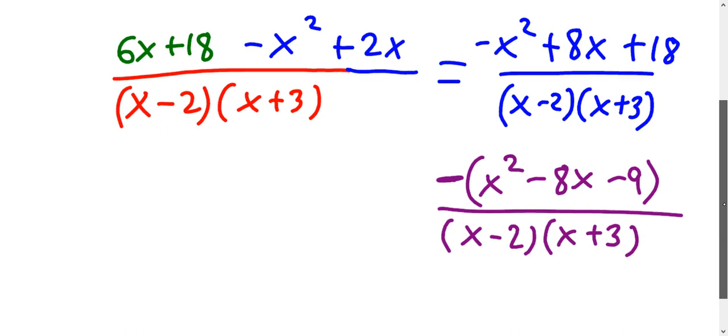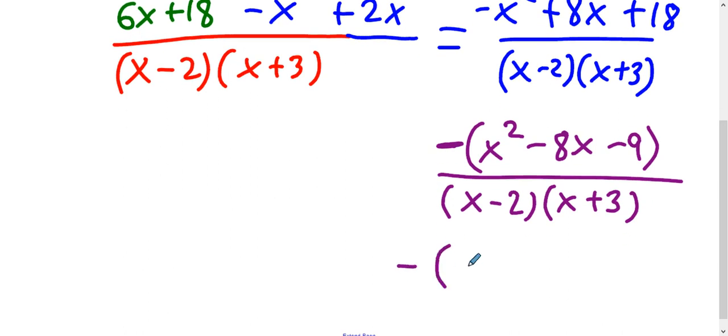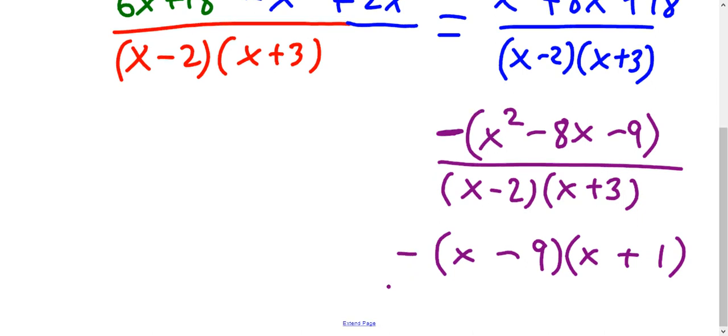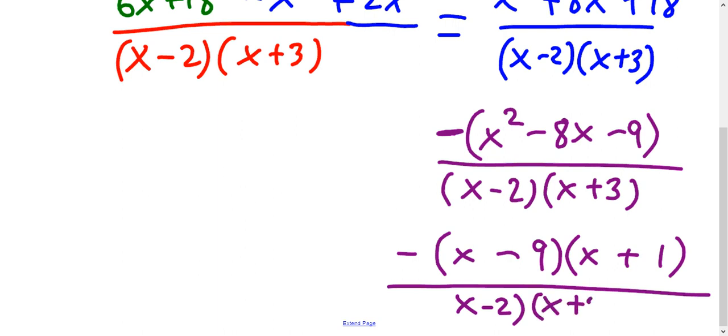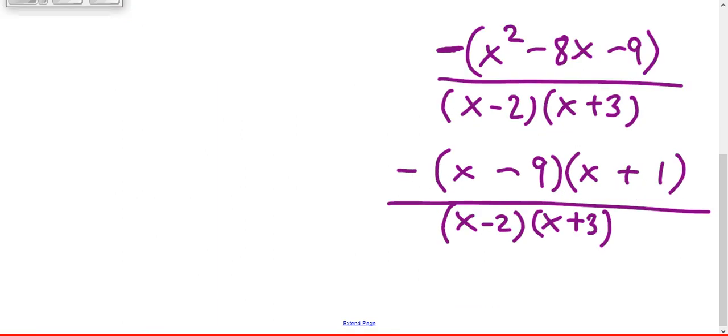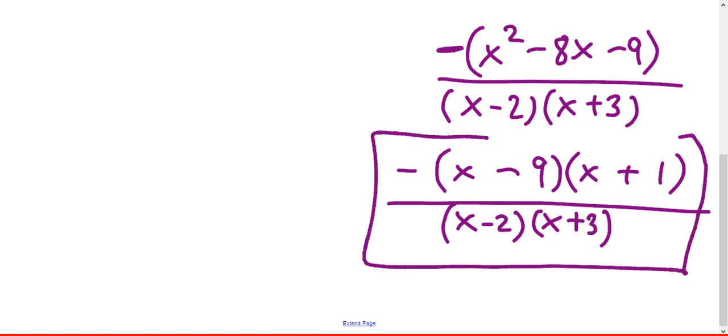It would be a negative 9 and a positive 1. For the numerator, our denominator was x minus 2, x plus 3. And since none of these match, nothing cancels out. That's as simplified as it gets.